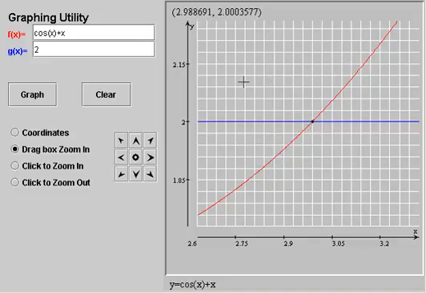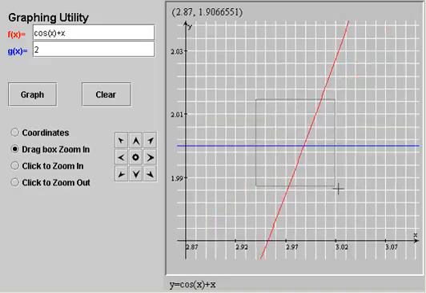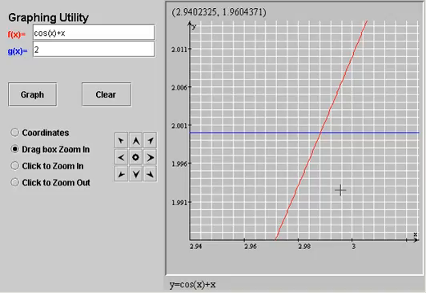Depending on your patience in zooming, you can get real close. Here we come. So you can see where that point of intersection is.